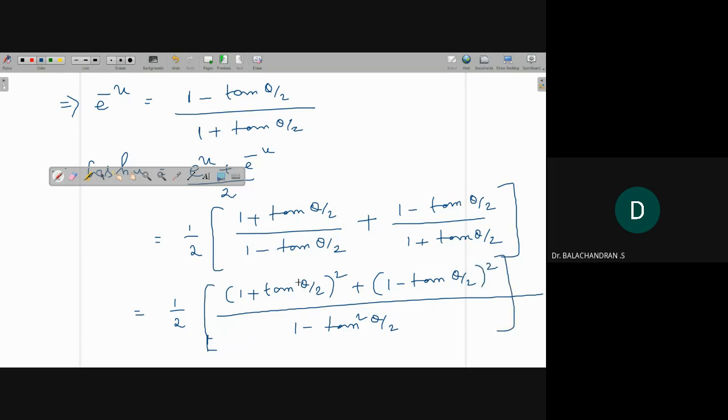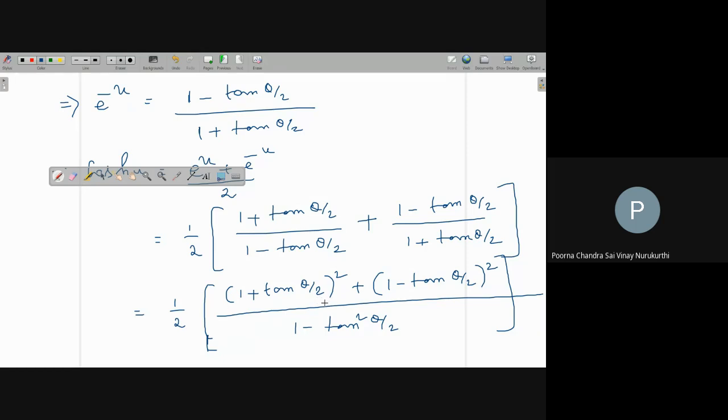Here the 2ab term plus 2ab term minus 2ab term gets cancelled. A square is 1, here also a square is 1. B square is tan square theta by 2, here also plus tan square theta by 2. So you have 2 plus 2 tan square theta by 2.